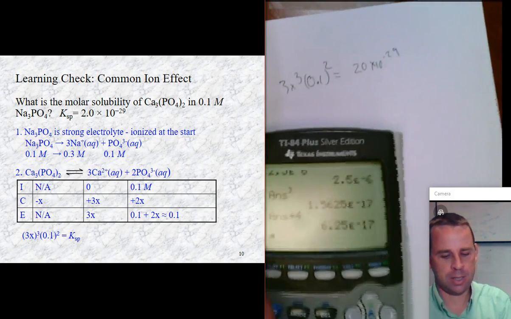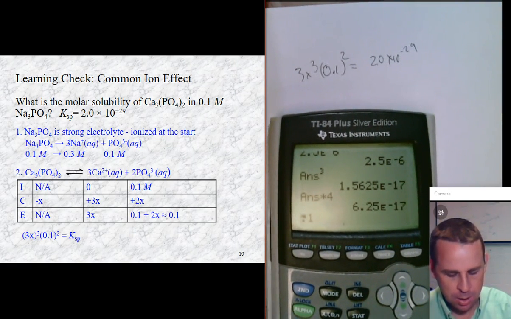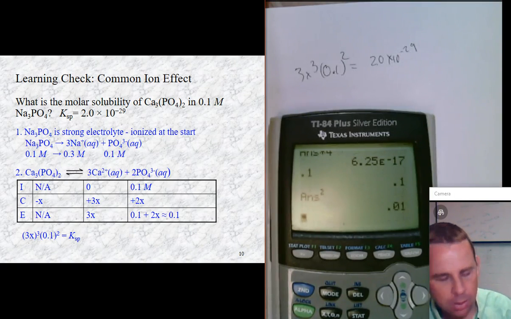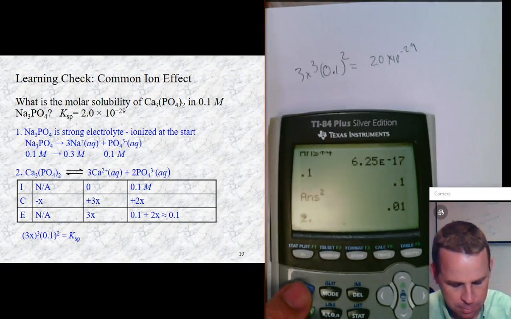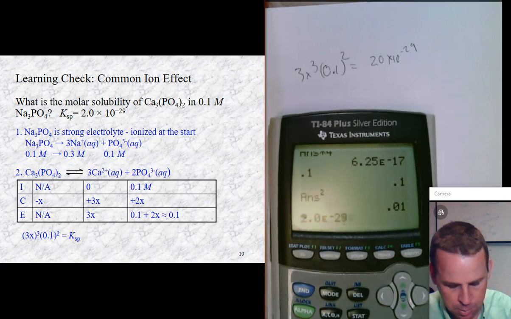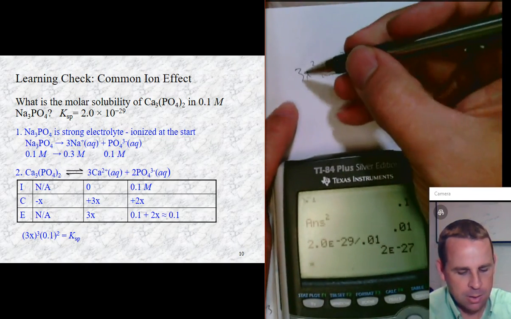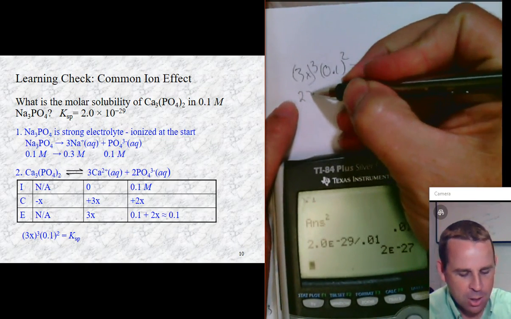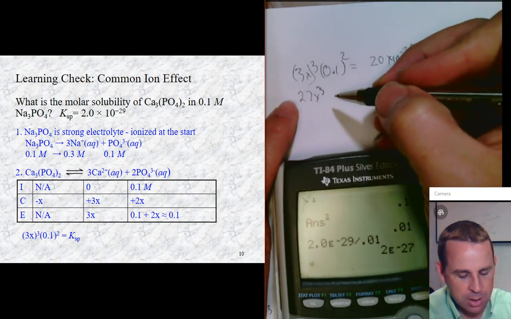All right, calculating time. I'm going to put 0.1 in there, and I'm going to square it. And I'm going to take our KSP, 2.0 times 10 to the minus 29, and divide it by that 0.1 squared. Then I'm going to have 3x cubed on the left, right? If I simplify this, 3x times 3, no, sorry, 27x cubed. 3x cubed is 27x cubed.